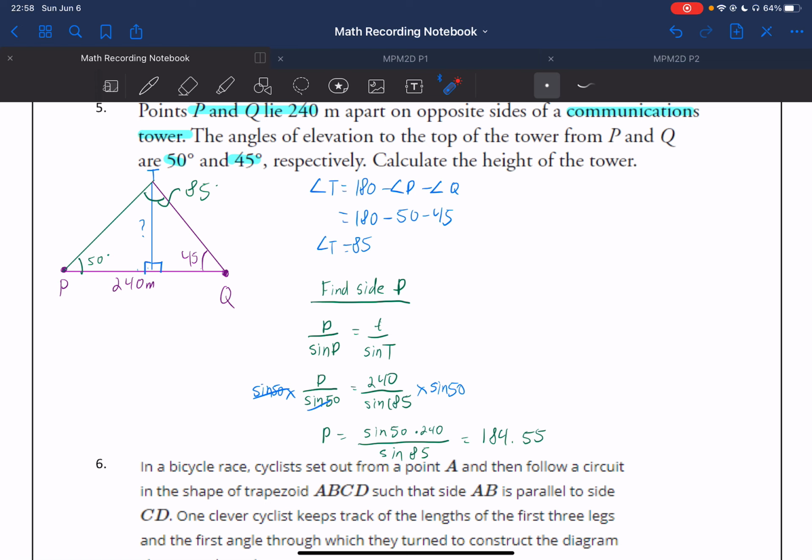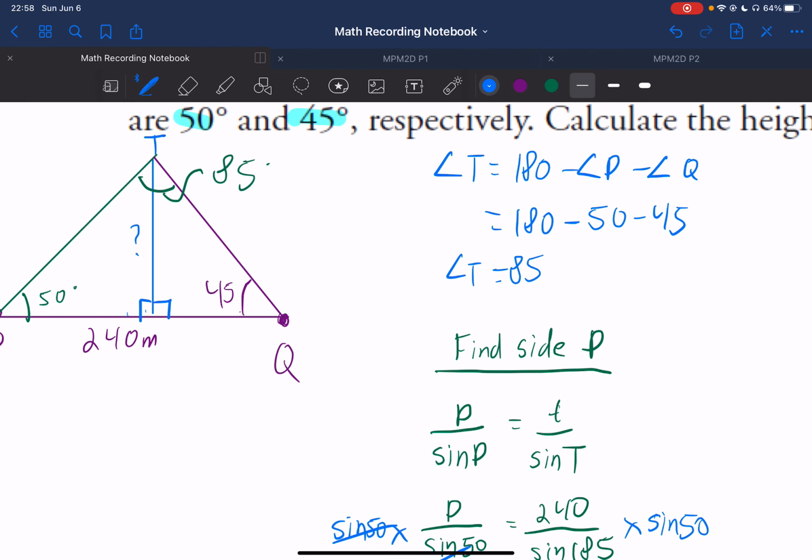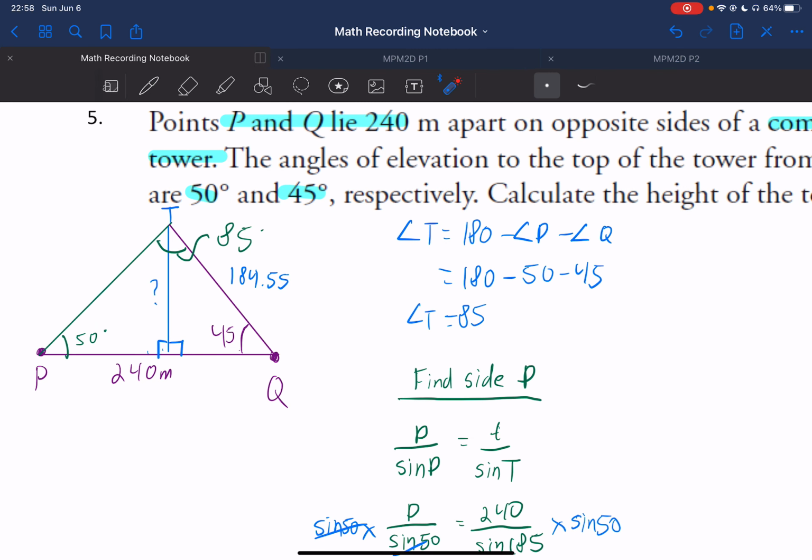So our last step, like I said, is we now have what this side equals. I'm going to write that in. That side is 184.55. What you'll notice here is we now have a hypotenuse of this right angled triangle.